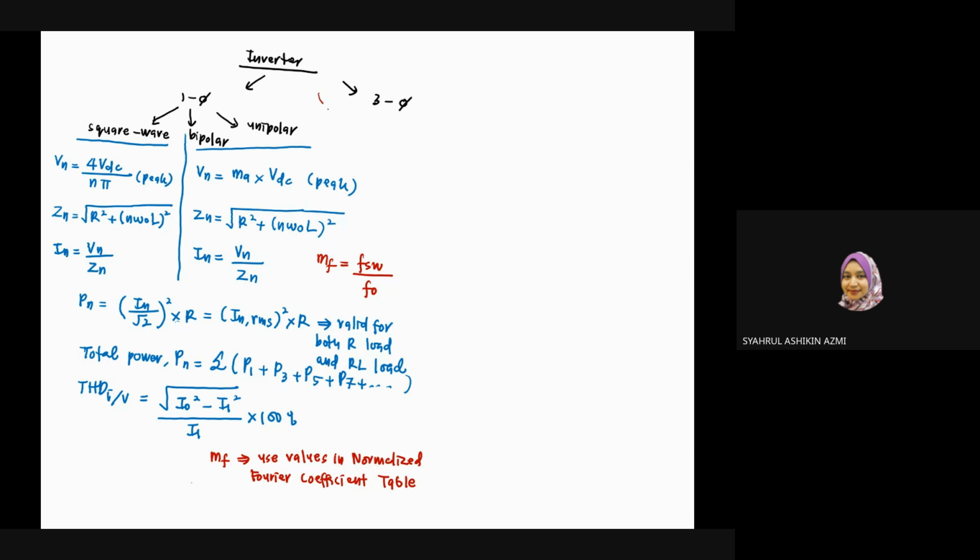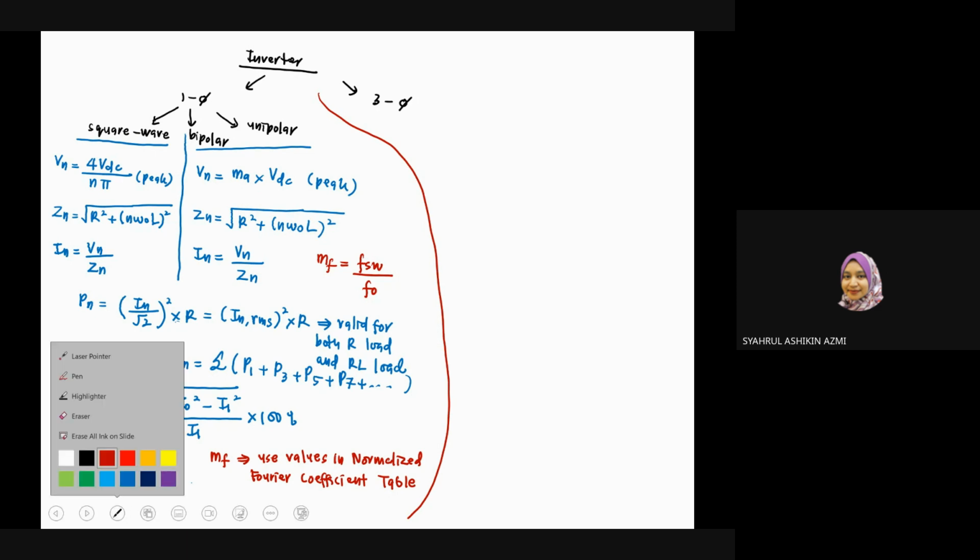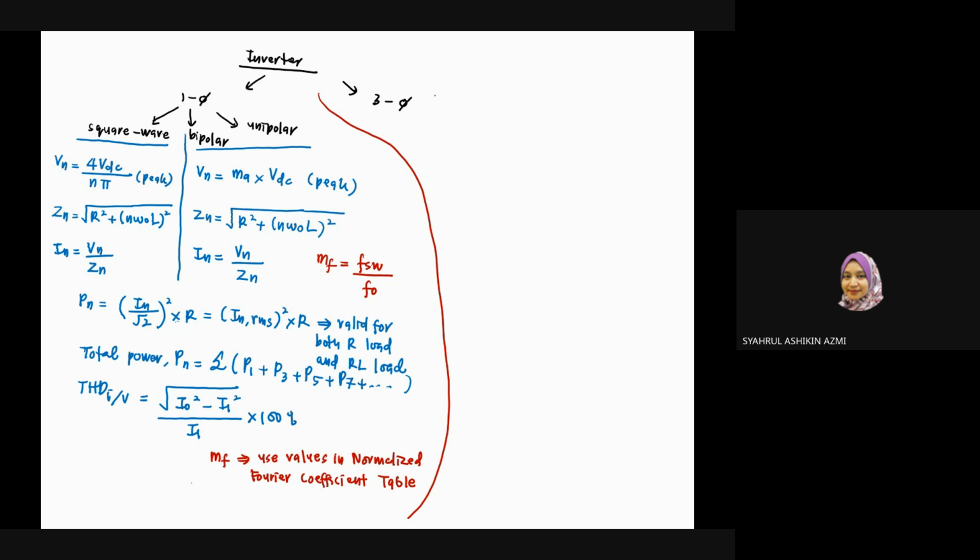Okay, and then as for three-phase inverter. For three-phase inverter, you have either 180 conduction or 120 conduction. Okay. Right.